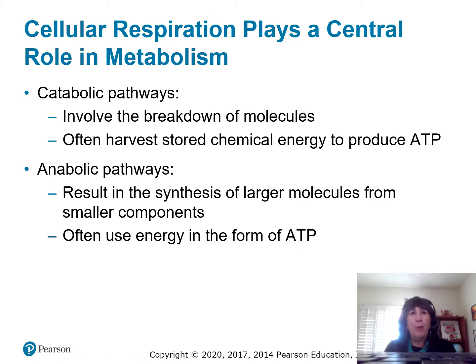We're going from small molecules and using them as building blocks to produce large molecules. This requires energy, and that energy is ATP. So we can put catabolic and anabolic pathways together. One releases energy and one requires energy. This is energetic coupling.